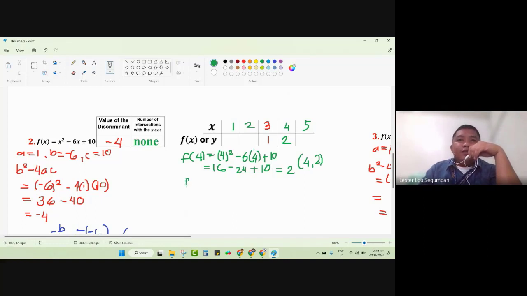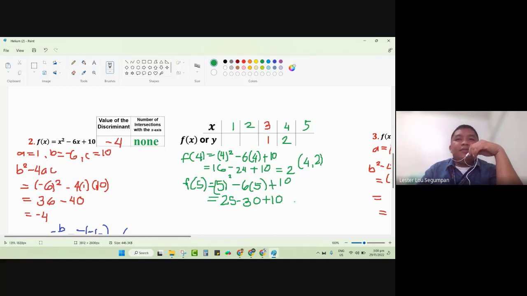If we are going to continue with that side, f of 5, you will get this expression. 5 squared minus 6 times 5 plus 10. 5 squared is 25 minus 30 plus 10.